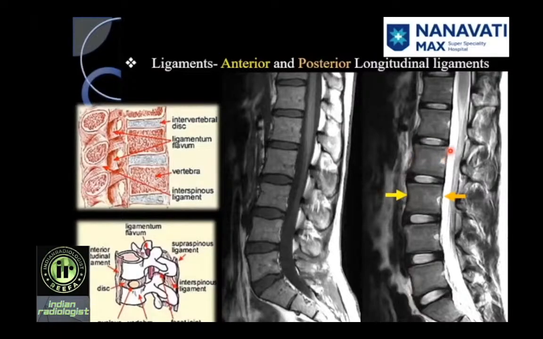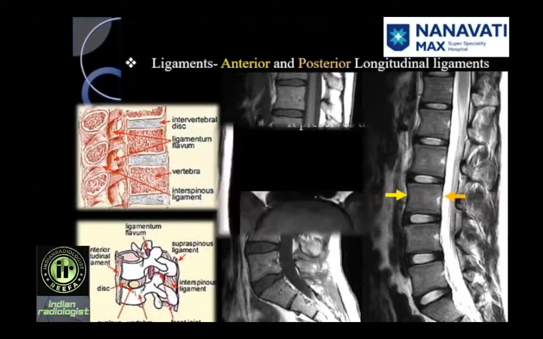The amber colored arrow shows posterior longitudinal ligament going across the entire lumbar vertebral column. So they start from C1 and C2 level respectively and go up to sacrum. When you have osteophytes, anterior or posterior, ALL or PLL get lifted. They get ossified or calcified when you are dealing with DISH or ankylosing spondylitis.